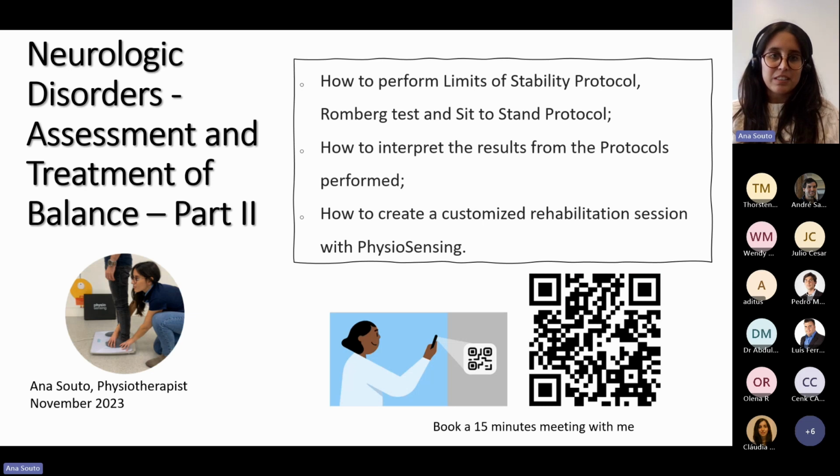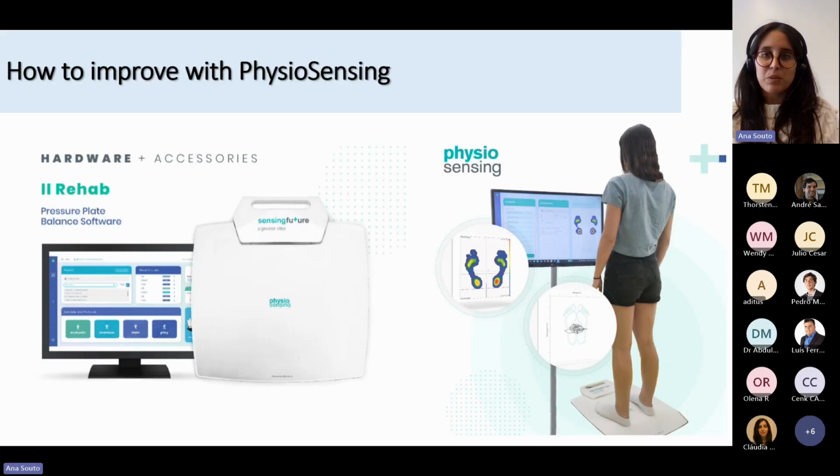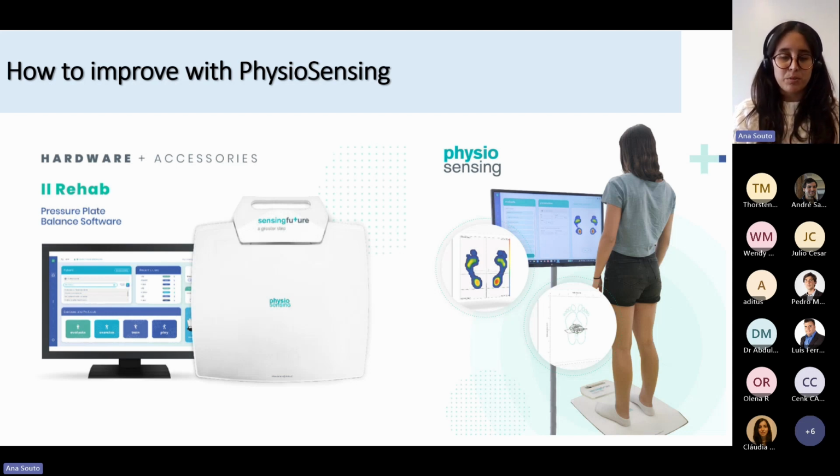For this webinar, we use our pressure plate. The pressure plate is a baropodometric plate, so it measures COP displacement as well as the plantar pressure distribution. That means we can have a complete posturographic analysis, as well as the weight distribution analysis between lower limbs and within the foot.